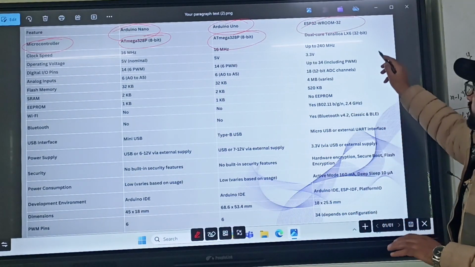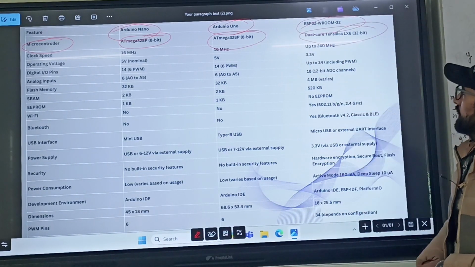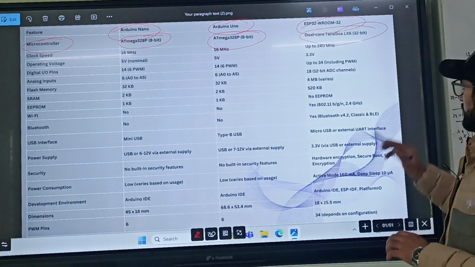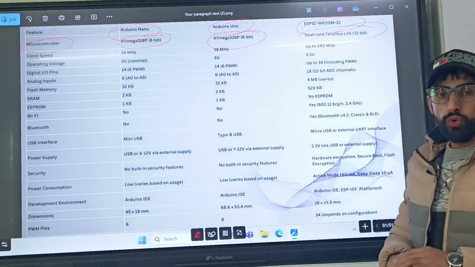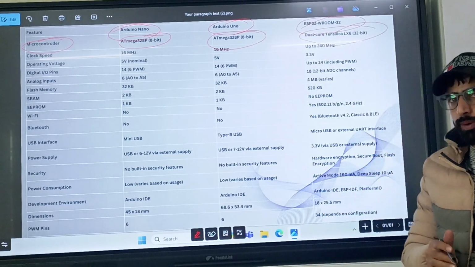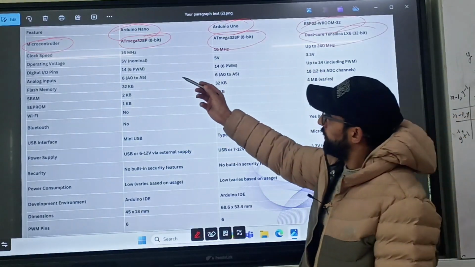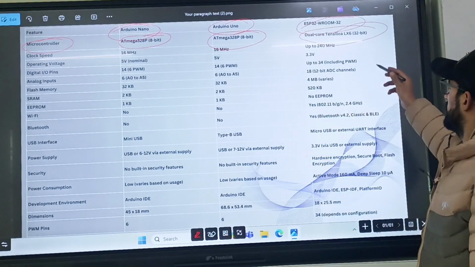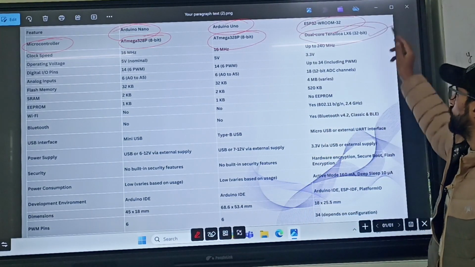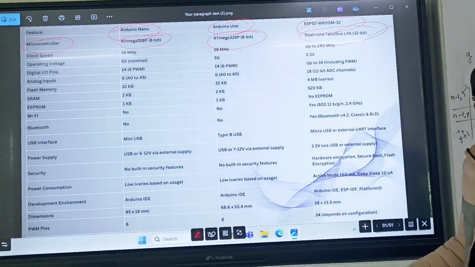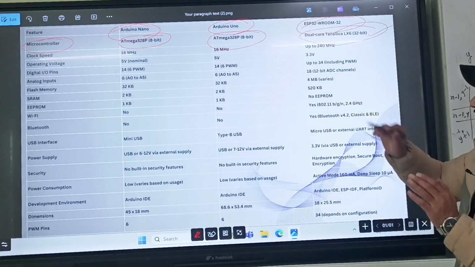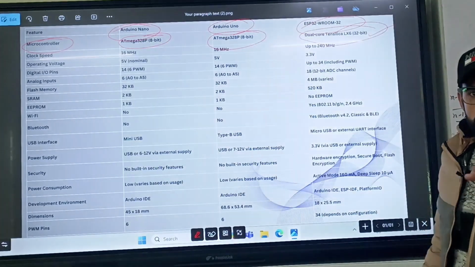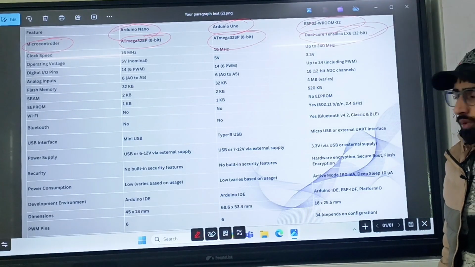And in ESP32 we are using a dual core Tensilica LX6 32-bit microcontroller. So the difference is that Arduino Nano and Arduino Uno have the same 8-bit microcontroller, but ESP32 has a 32-bit microcontroller.